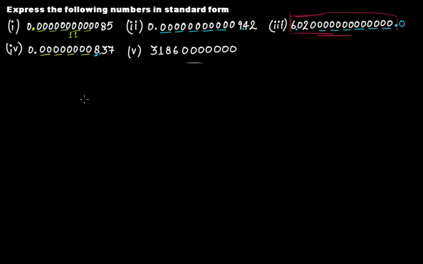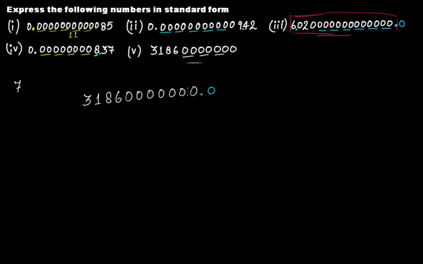Now you have 3 1 8 6, and 1 pair, 2 pair, 3 pair, so you have 3 pairs of zeros, that is 6, and this one 7. So 1 2 3 4 5 6 and 7 zeros. You have 7 zeros. Remember this one. Your number is actually in this form, right?